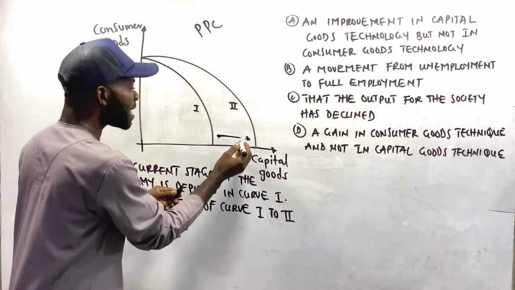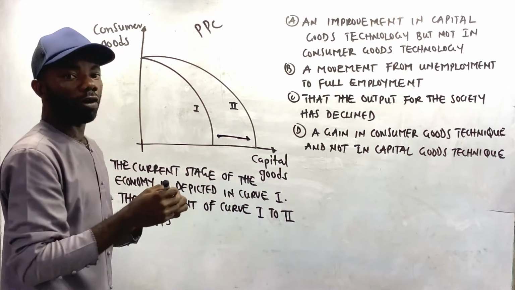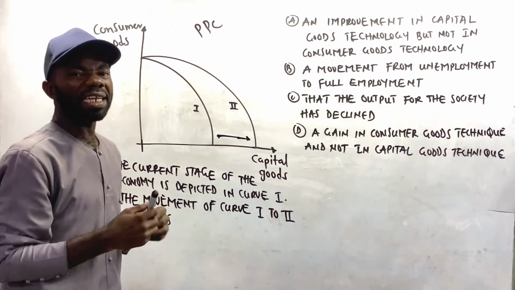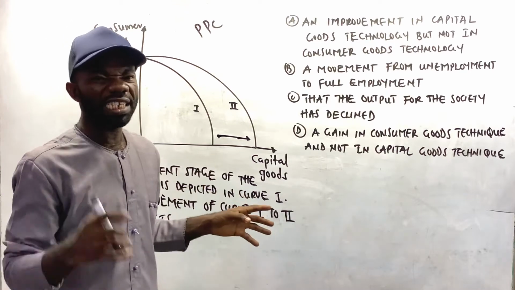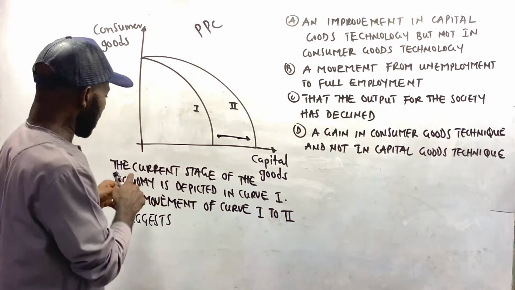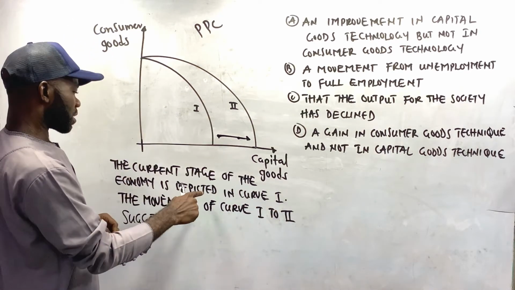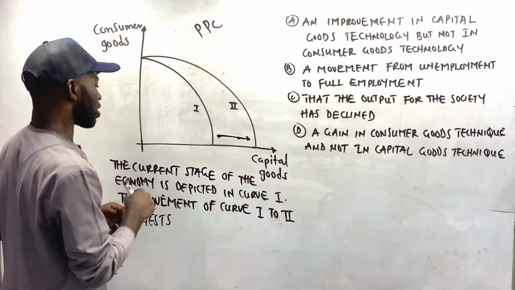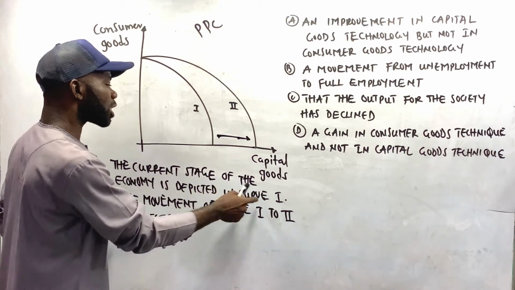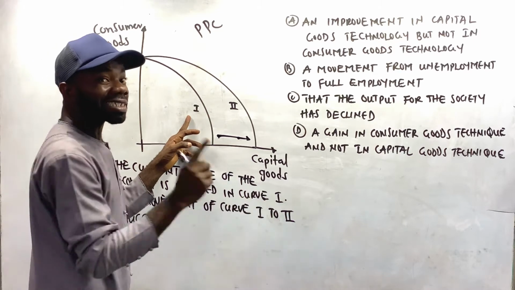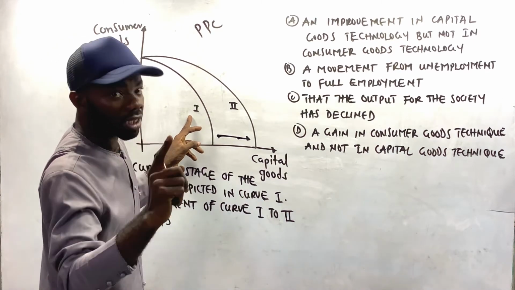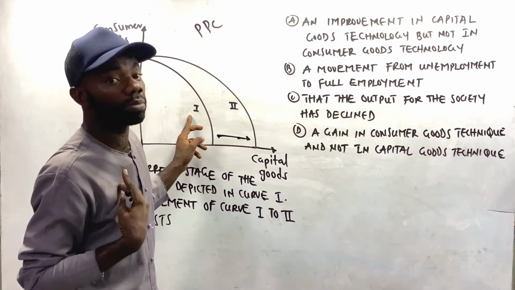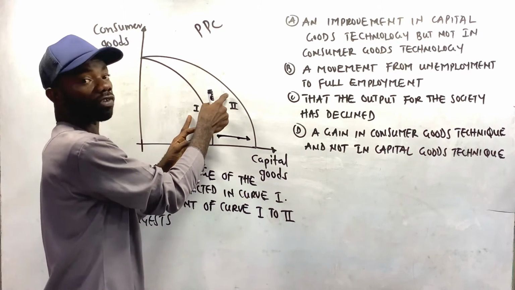The examiner has made a statement of confusion. So any student who comes across this question needs to be smart. This statement says the current stage of the economy is depicted in curve 1. That's a statement of confusion because the examiner wants you to assume that we have moved from here to here.